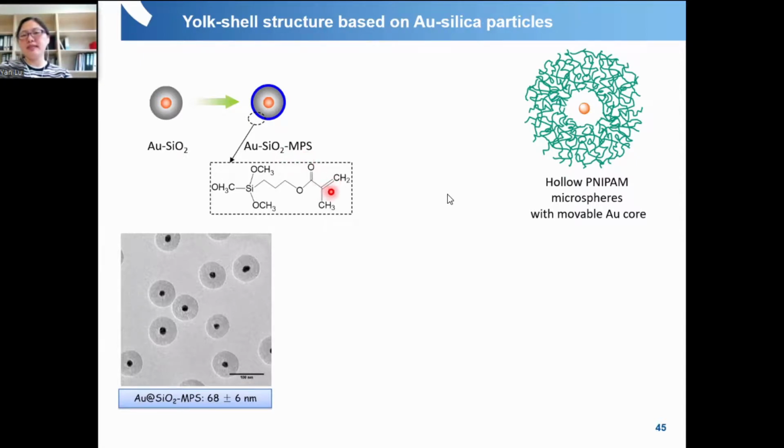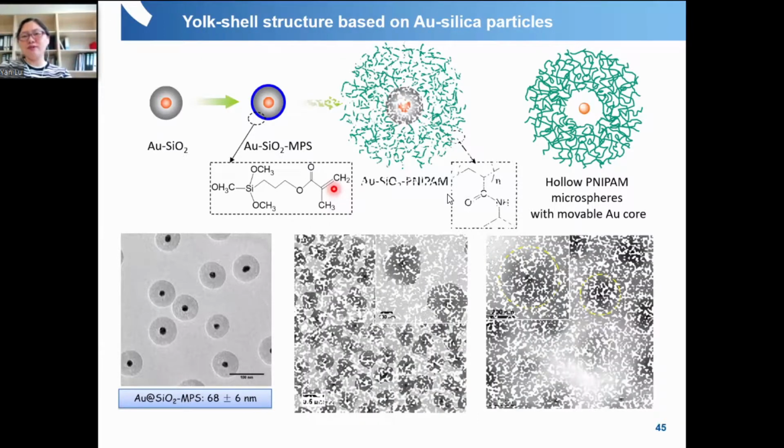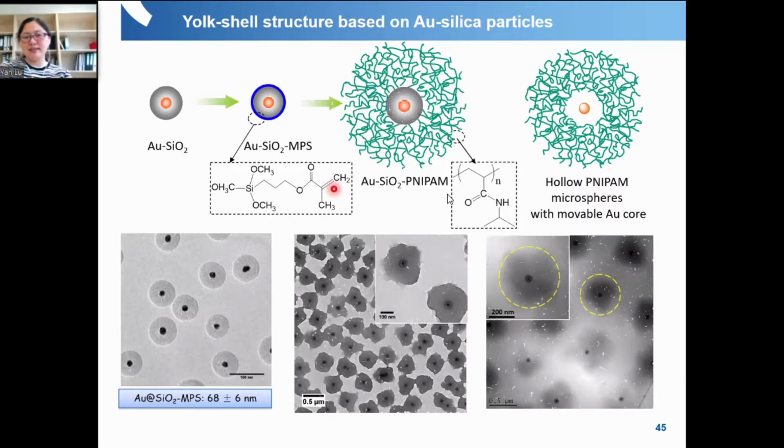MPS will bring the double bond onto the surface. Then you can do the surface polymerization of the polyNIPAM network onto it. This can also be confirmed from the TEM image, where you have a gold core, silica shell, and the polyNIPAM network on the surface.